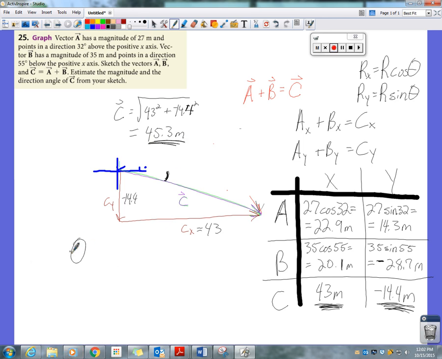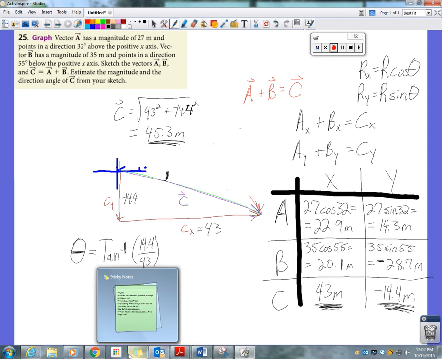The other half of the answer is the direction. Now the direction, you have to find that angle. So the rule you always follow, if we're using the right angle, the proper angle, is the inverse tangent of the y value. The y component is 14.4. You don't need to make it negative there because it doesn't matter. It'll just wind up confusing you because the negatives just indicate a direction, and since we're using an angle to indicate direction, we don't really need to use that in there.